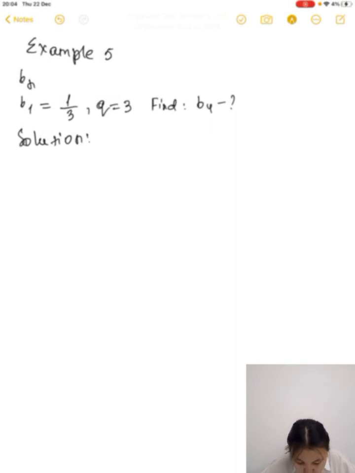Solution: using the general term formula, b sub n is equal to b sub 1 times q to the power n minus 1. Therefore, b sub 4 is equal to 1 over 3 multiplied by 3 to the power 4 minus 1, which is equal to 9.